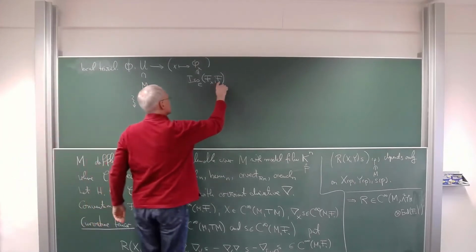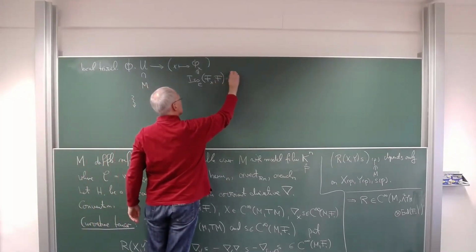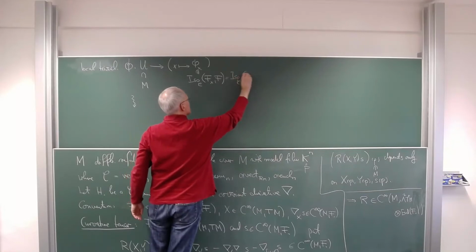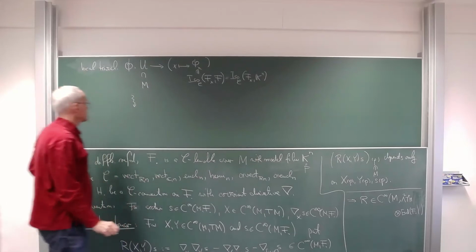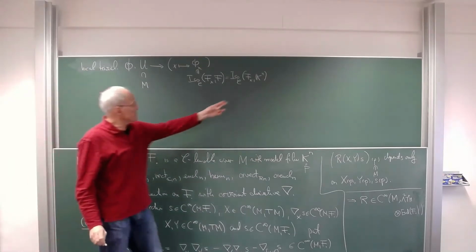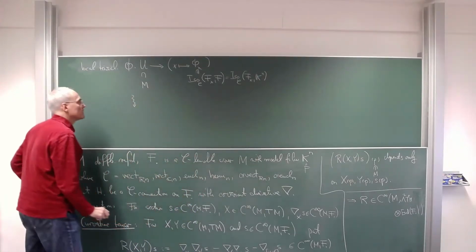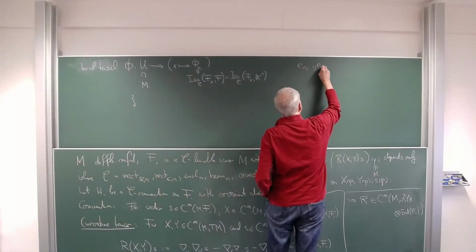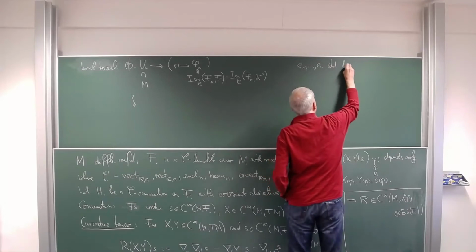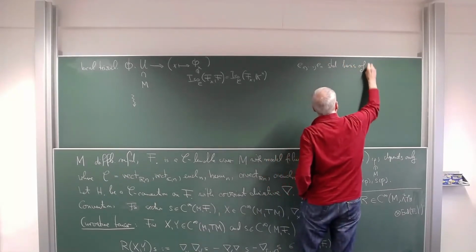So remember, this is Kn. So now I take the standard basis of Kn, E1 up to En is the standard basis of Kn.